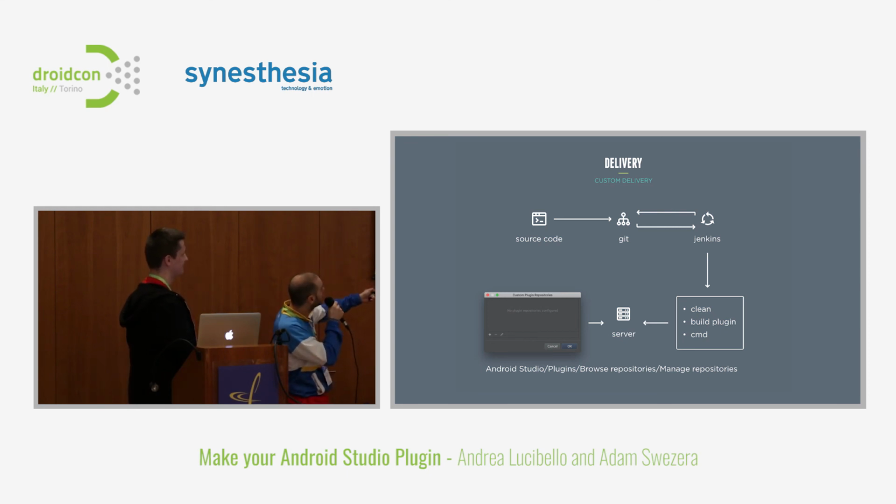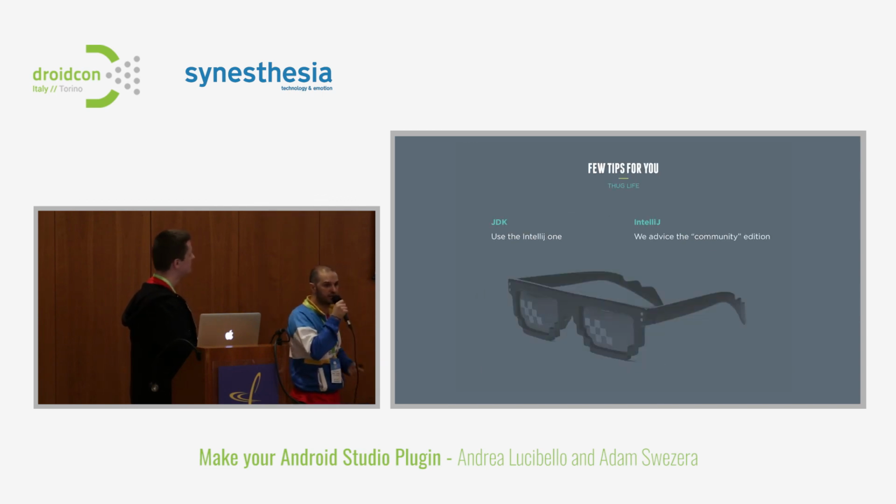And the second one is to use, as Adam said, the community version of IntelliJ because it has all the features that you need for building your plugin as we have done. Finally, this is our repo where you can find all the source code based on the example shown by Adam. And feel free to contact us to share your experience or to comment if something is not so clear.